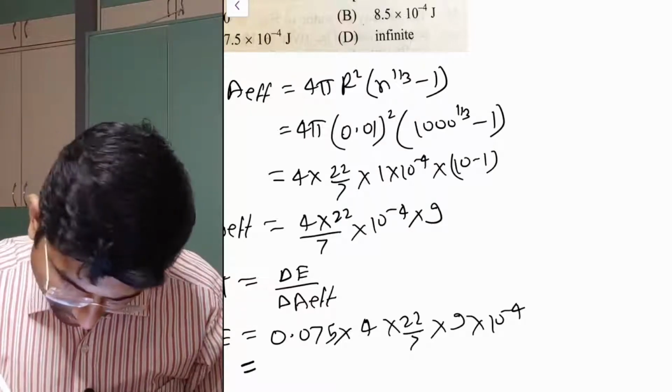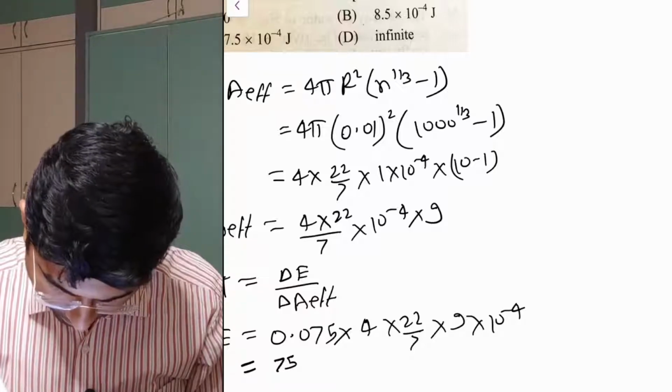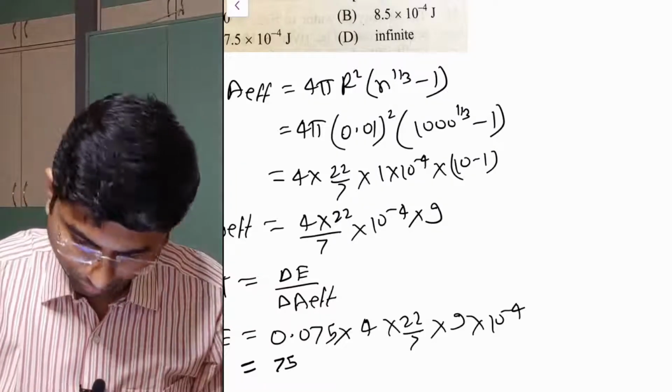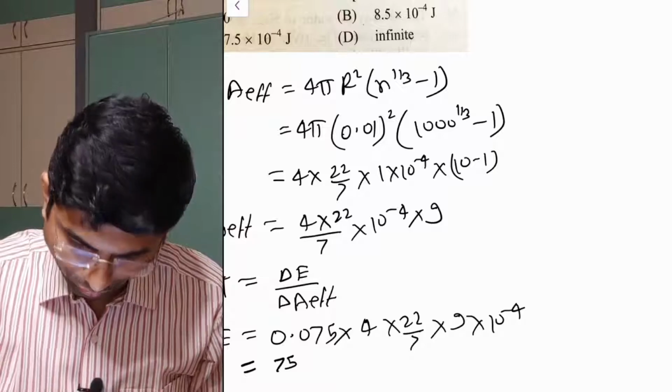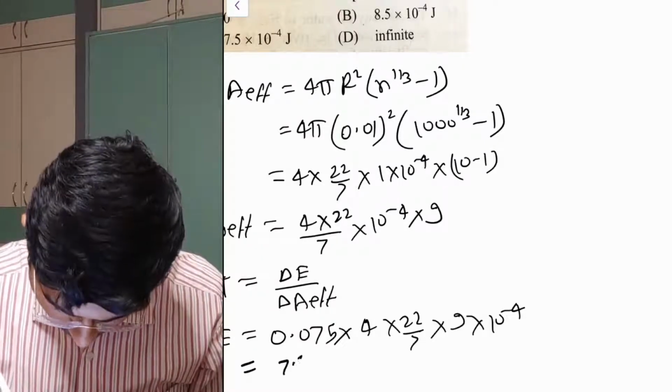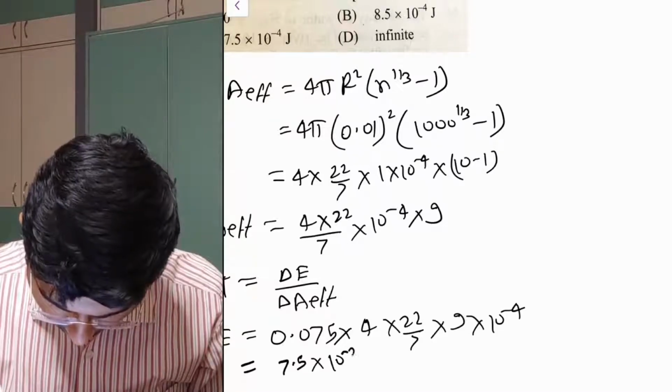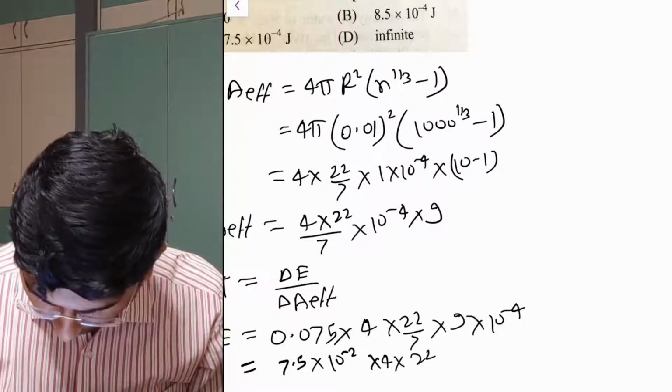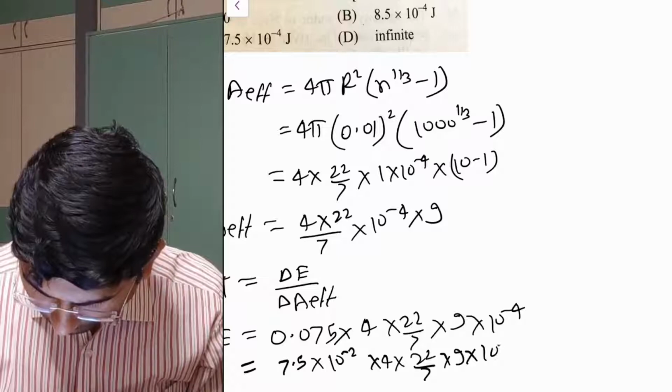This can be written as 75. So we can write it something like this: 7.5 into 10 to the power minus 2 into 4 into 22 by 7 into 9 into 10 to the power minus 4.